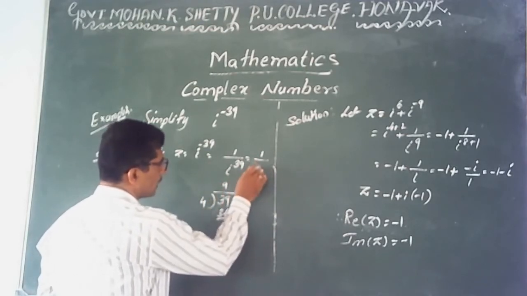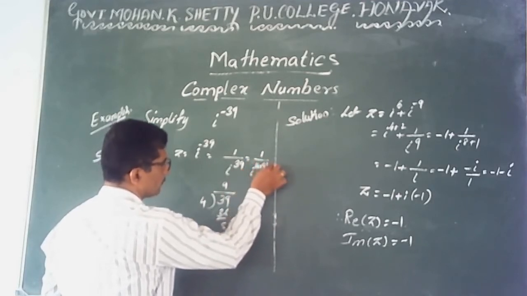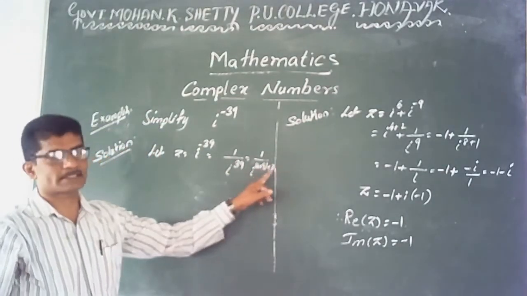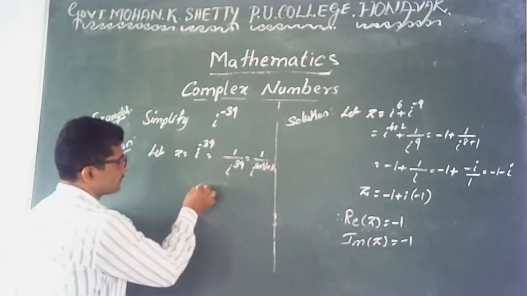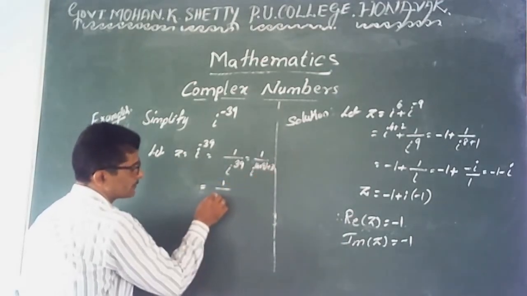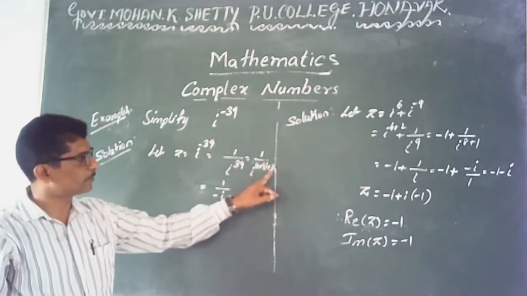You can write i to the power 4 into 9 plus 3, or 36 plus 3. Its value is 1 divided by 4n plus 3, which means minus i.